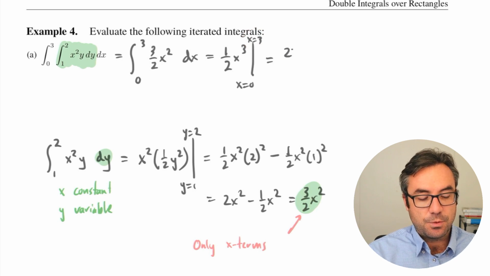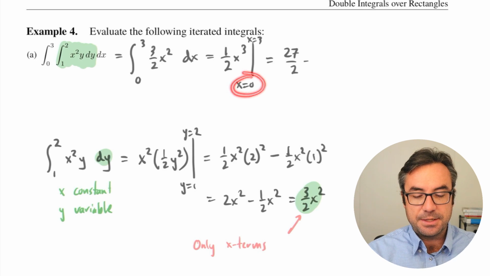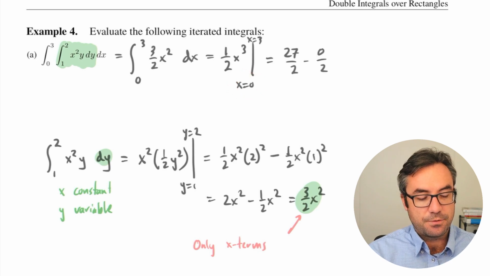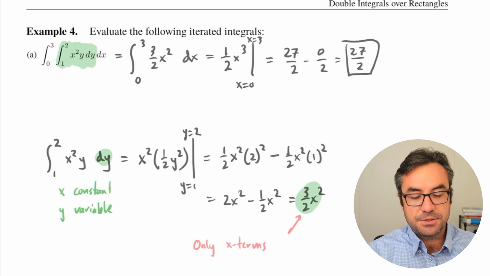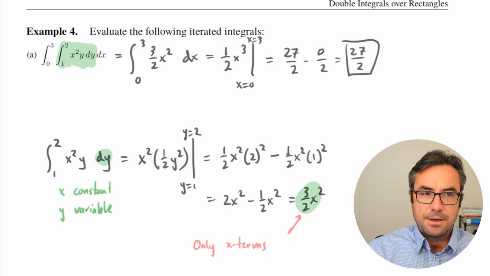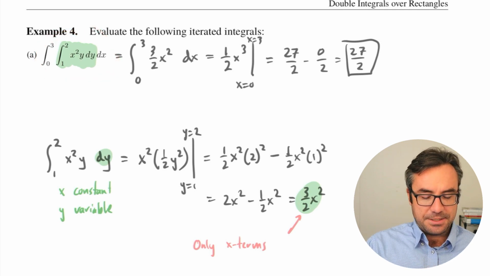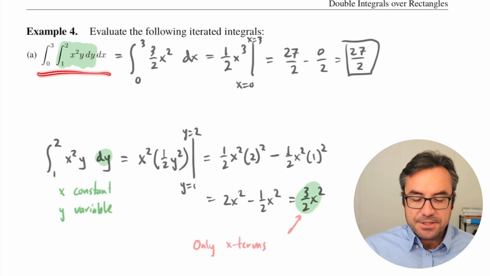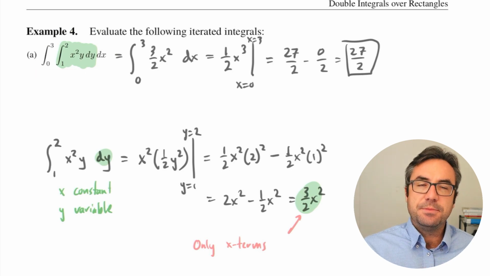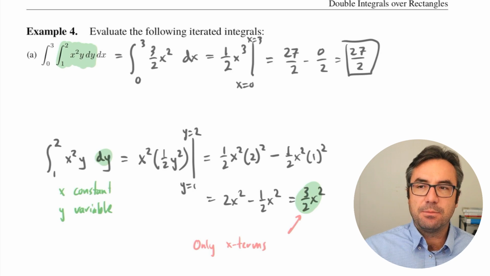So we end up with 27/2. And then we plug in the bottom number and subtract, and we end up with 0/2. So 27/2 is the result of doing this entire definite integral, or iterated integral.